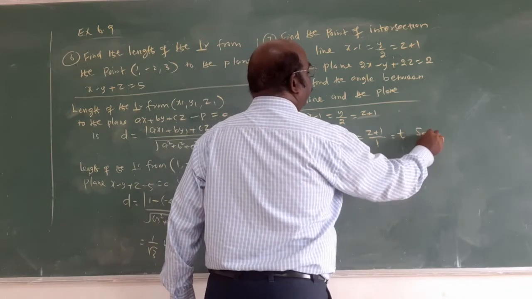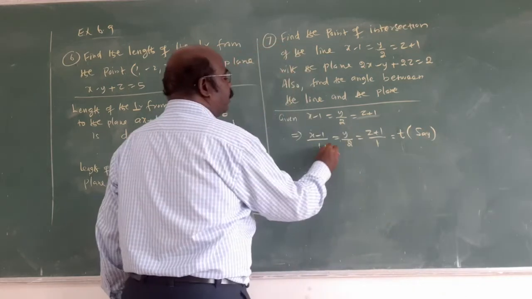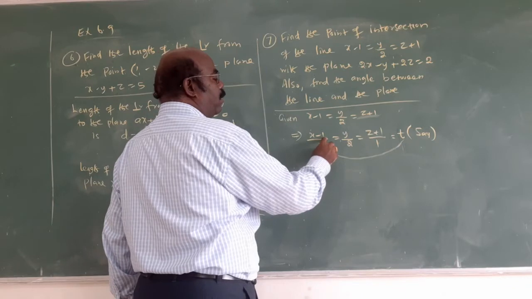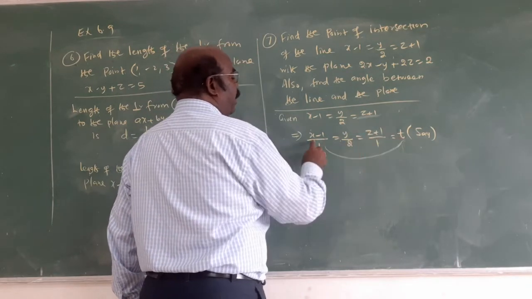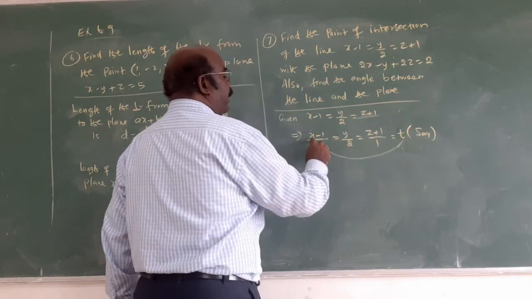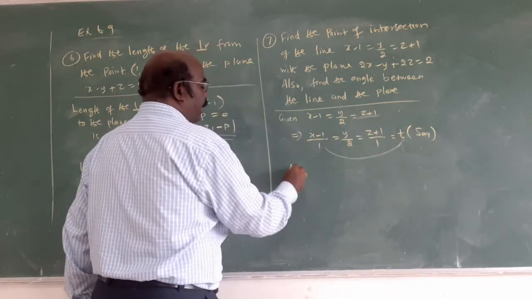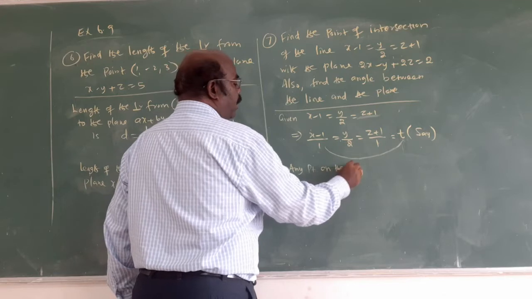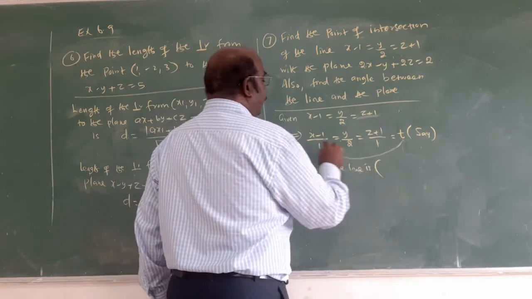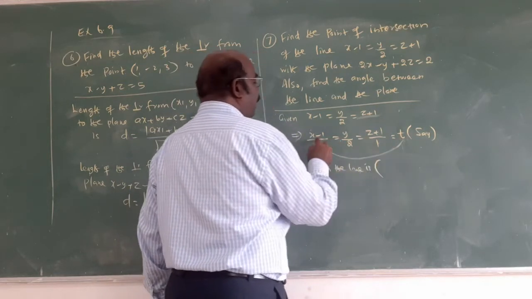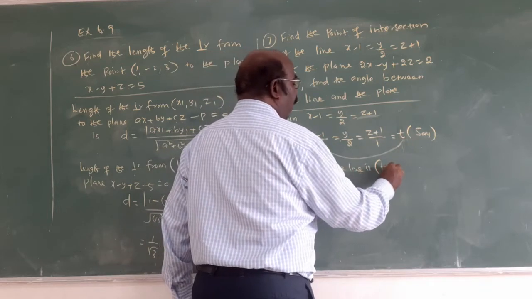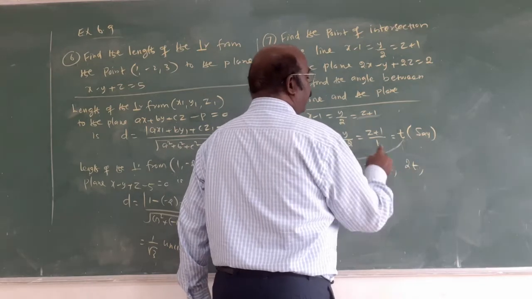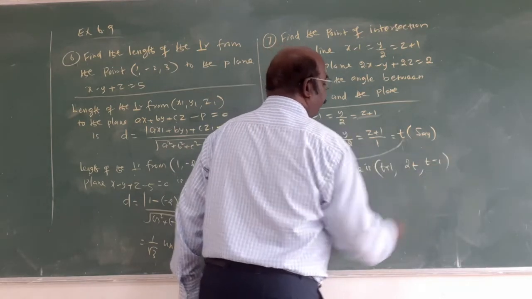Say t. Now equate the first part: x minus 1 by 1 equal to t, so x minus 1 equal to t, x equal to t plus 1. Any point on the line, from first to last, has x value t plus 1, y value 2t, and z value t minus 1.